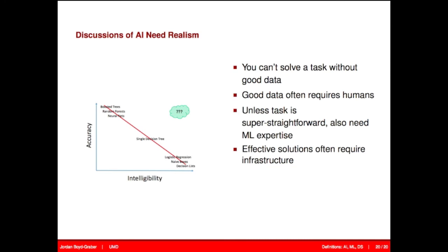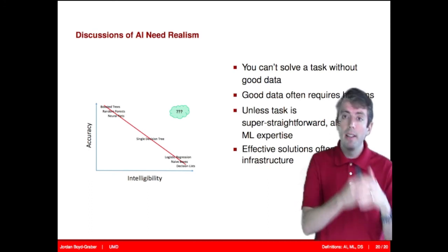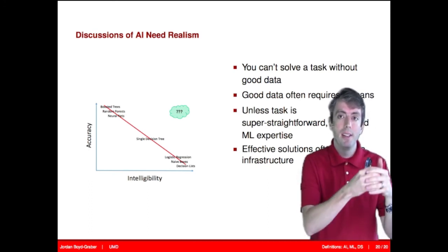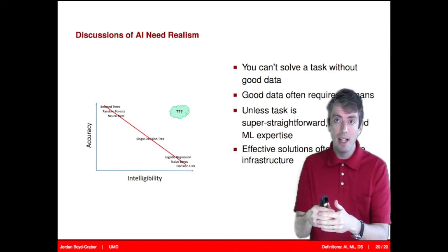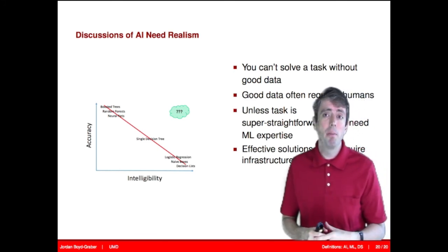And that person can be a data scientist, that could be a computer scientist with machine learning background. And even though it's getting easier and easier to use machine learning tools, oftentimes you need a good amount of expertise to use them effectively. Another issue is that these applications that require good data and good algorithms also need a lot of computer hardware.